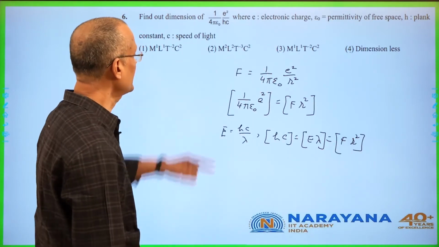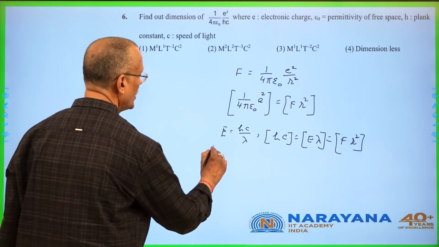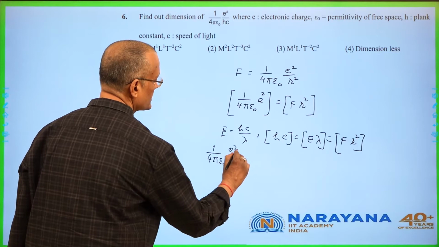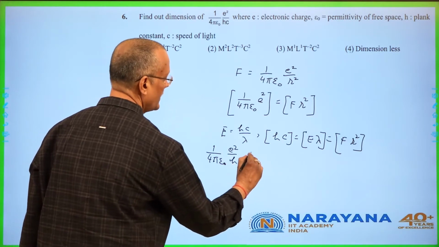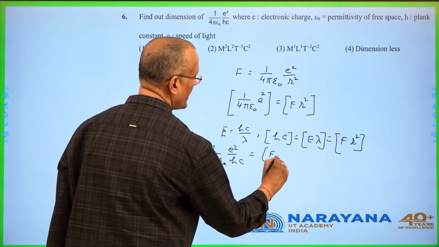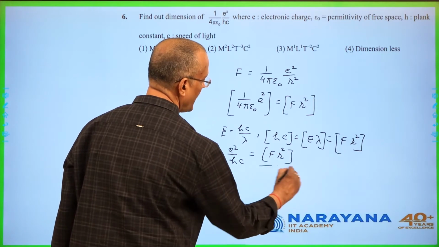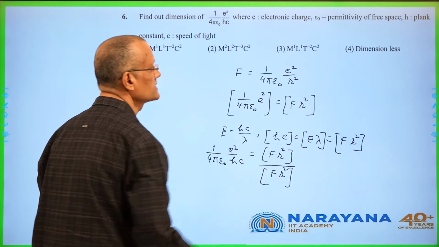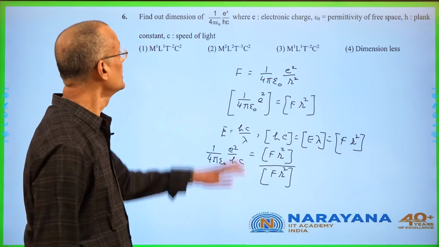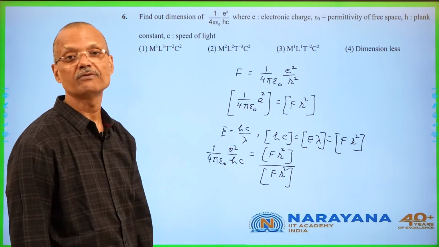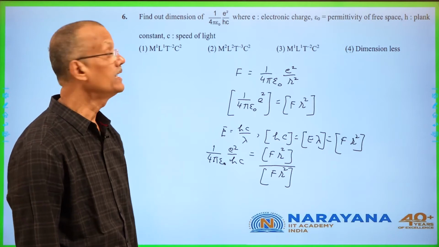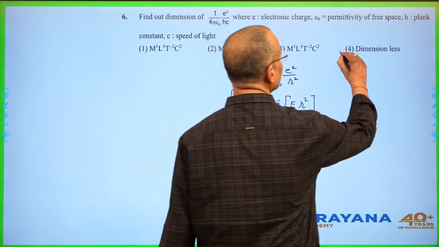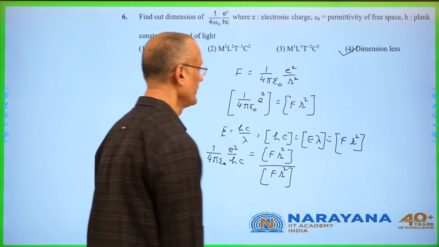So if you take the dimensional formula for 1 by 4 pi epsilon naught e square by hc, you are getting F r squared by F r squared, and they cancel each other. So this quantity will not have any dimension. It is a dimensionless quantity. So your answer will be number 4.